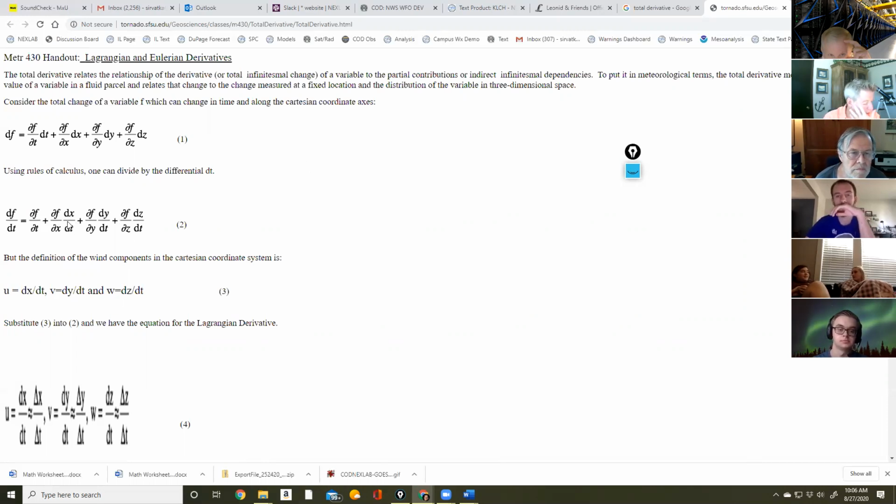Look at equation 1.2 in your book. How do I change my location in an x or zonal direction, east-west, with respect to time? Isn't that a velocity? Right. Plus the change in the function with respect to y times the change in the y direction, which is a v velocity, plus the w change.